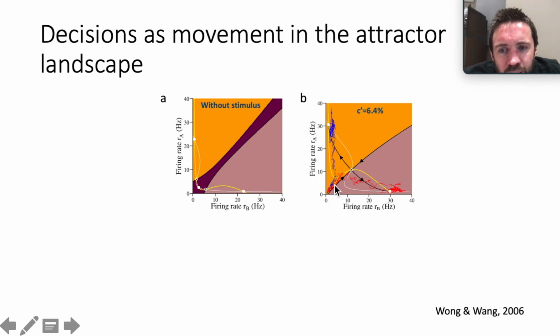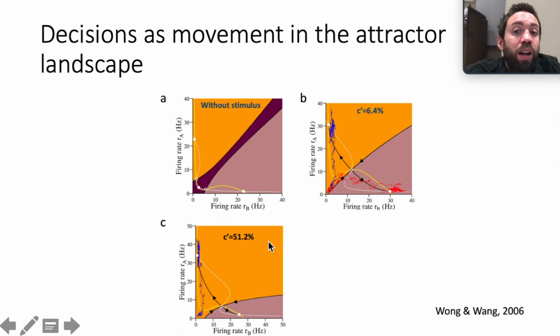However, it's very close to this decision boundary between the 2 basins of attraction, and because there's noise in the system, on some proportion of the trials, noise will shift the state of the network into the basin of attraction for population B, and this attractor here, and sometimes the network will make an error and go towards this attractor state, selecting the incorrect action.